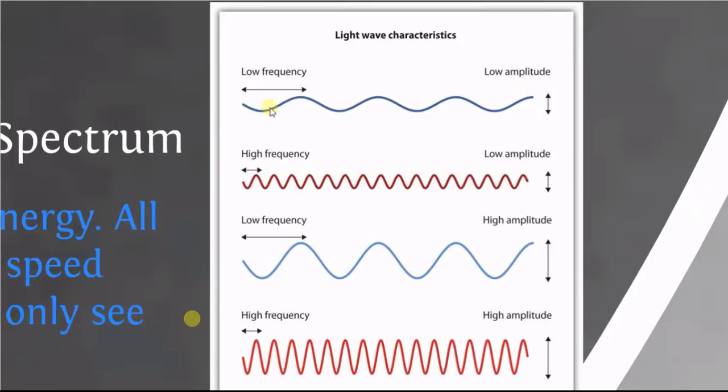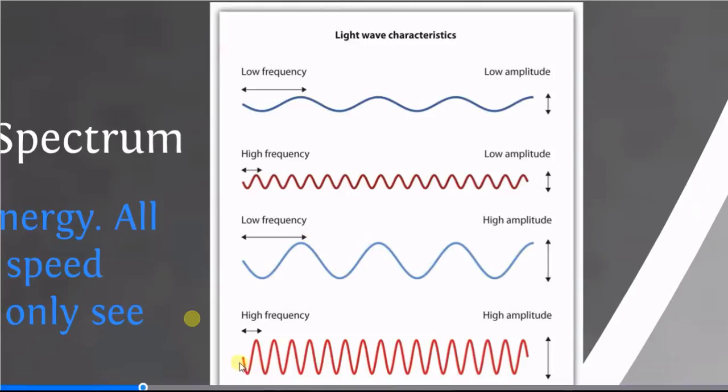Now, if I were to look at a high frequency wave here, where I've got the waves really, really close and compact, that wave is not traveling faster. It is just closer together. It is more compact. Now, the same thing happens with sound. A low frequency sound is going to be a sound that's very stretched out.